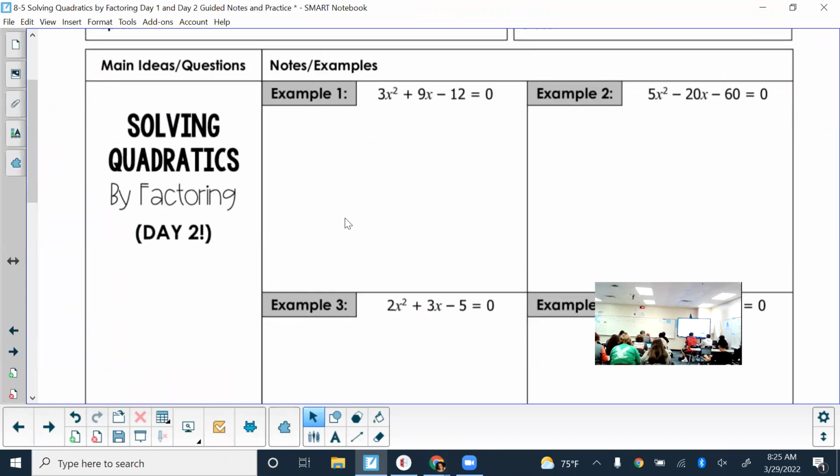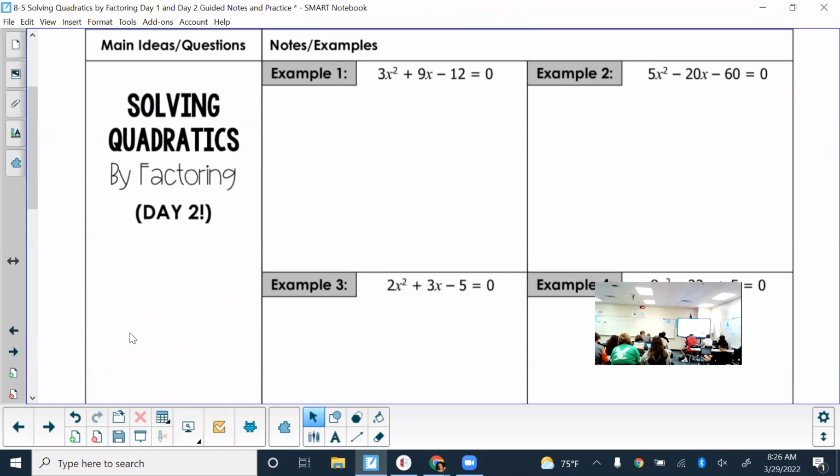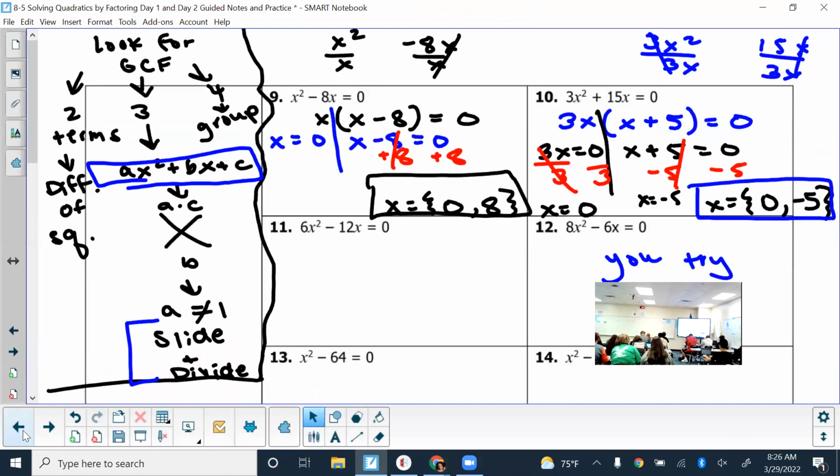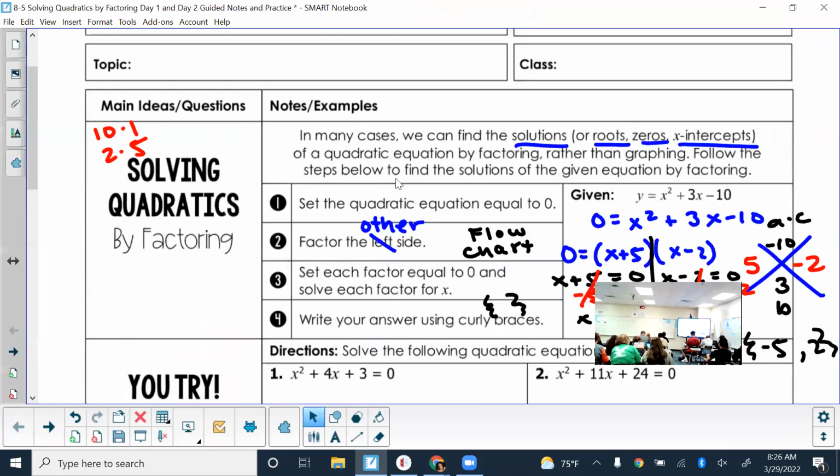So we are going to start with the notes, solving quadratics by factoring. Starting with example 1. So the steps are the same as the first part of the lesson, which I do have in these slides too. All right, first step is to set the quadratic equation equal to 0. Second step would be to factor the other side.